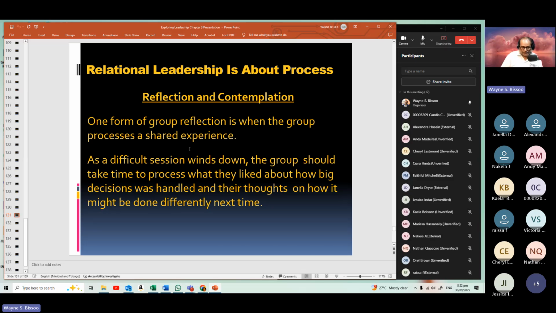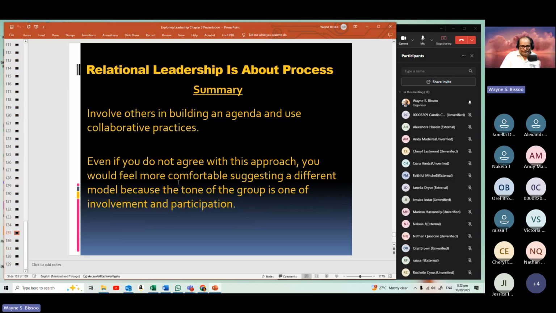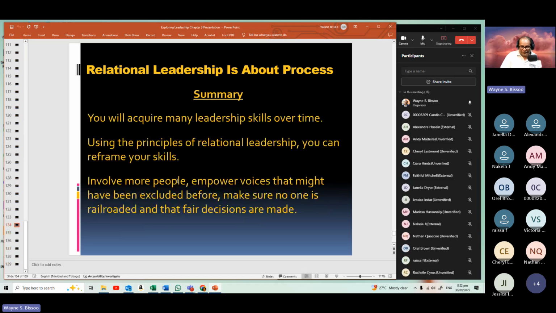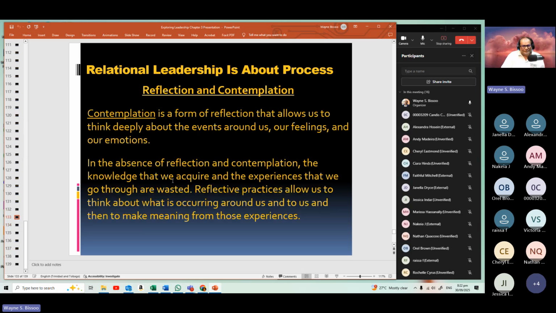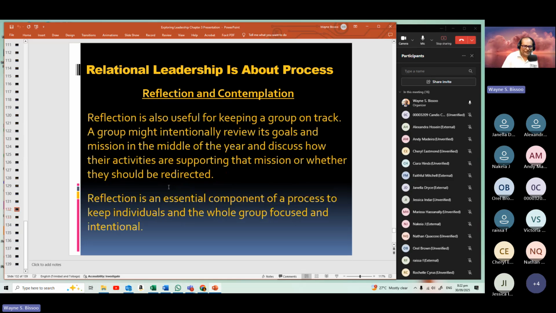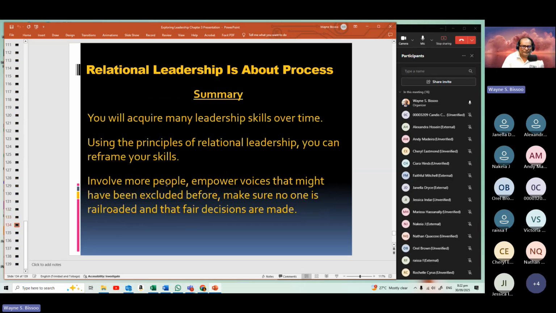The other element that we talk about with it is, what's the next one? Anybody want to remind me in the model? What the purpose? Come on, guys, remember everything. So reflection and contemplation, pay attention to all these things because they're critical as part of the process.